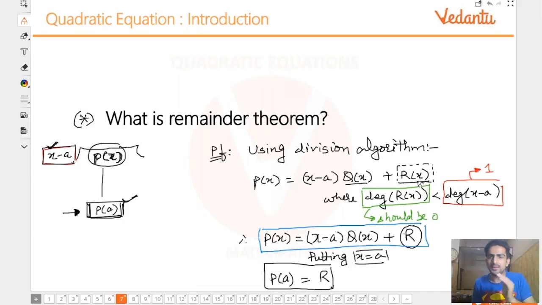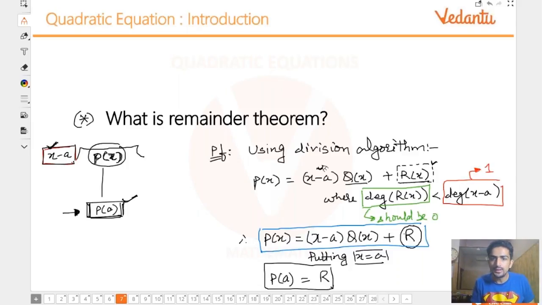Here q and r are the quotient and remainder. Now, it is a very crucial part of the division algorithm. It also states the degree of the remainder is always less than the degree of the divisor. And it is very obvious because if the remainder's degree is more than the degree of the divisor, it will further divide. It will not stop there.